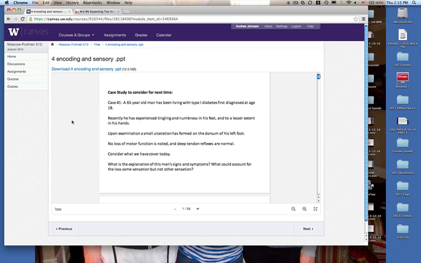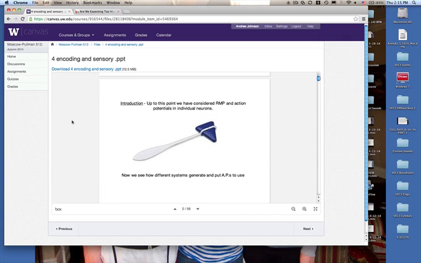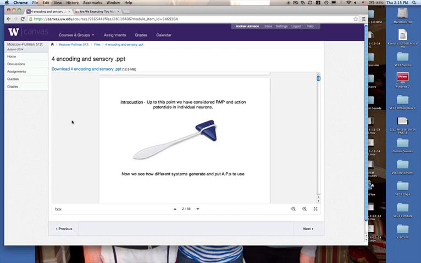So at the end of today, what I want to do is review everything we've covered and consider why we have tingling, why we might have ulceration, and why some of these other aspects are still intact. So that should all be clear at the end of today. Today, we're going to talk about how action potentials are really initiated.